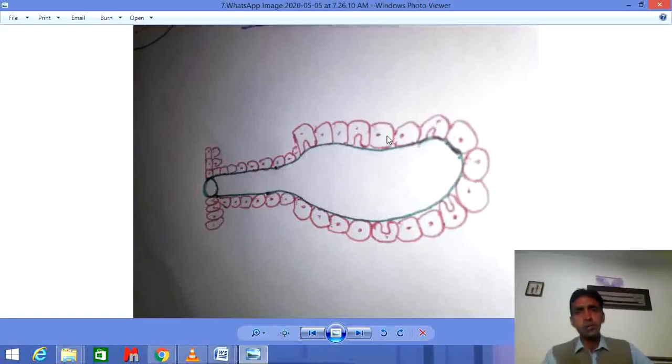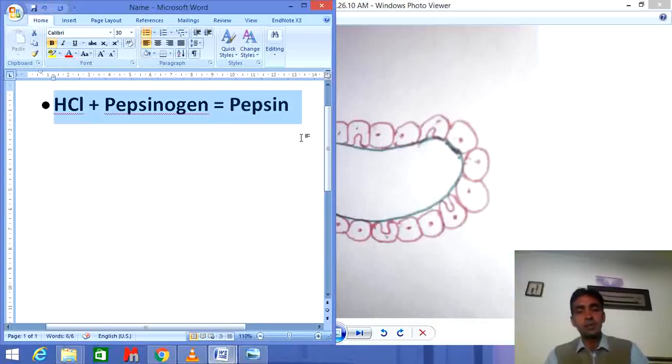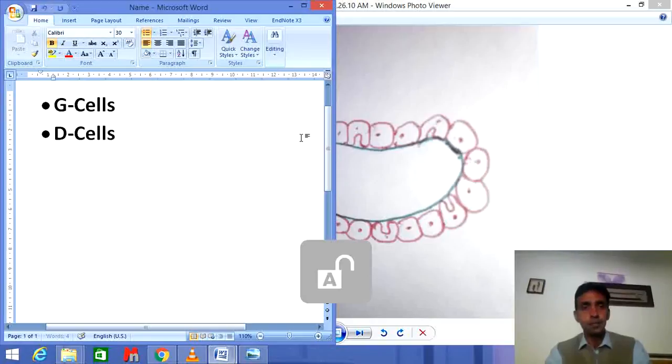Now other types of cells are also present in this gastric gland, around the gastric gland lumen. So other types of cells are G cells, D cells, EC cells, and ECL cells.